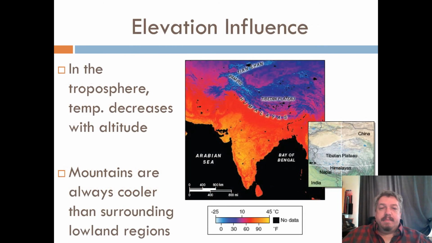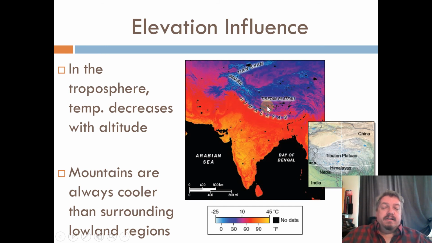Here's an example. Here's India, right? Right here, you can see it's very warm. But here you have the Himalayan mountains, the tallest mountains on Earth, Mount Everest, very cold. And here, the Tibetan Plateau. This land is very flat, close to sea level. Then you have the Himalayan mountains.